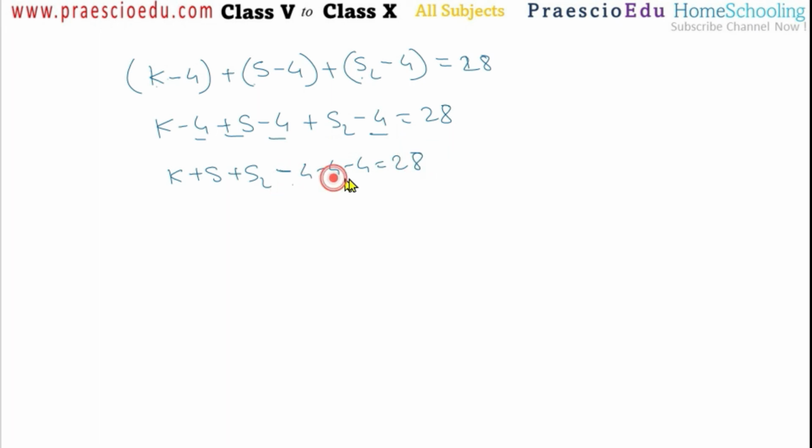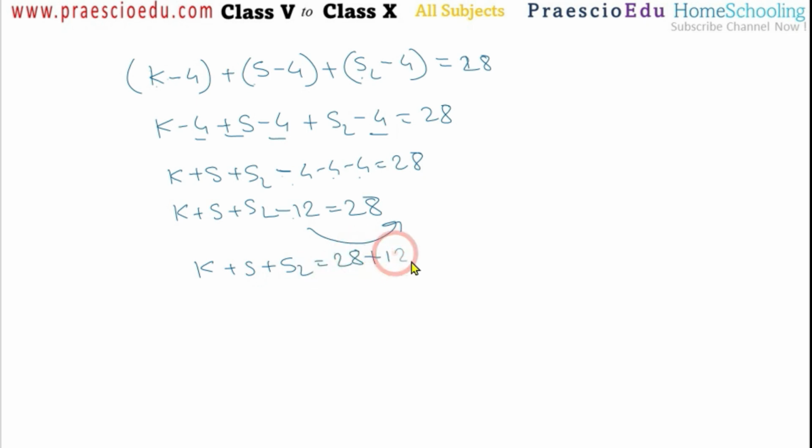Minus 4 minus 4 means their addition, and the sign will be kept as it is, so this will be minus 12, and K plus S plus SL stays the same, and this is 28. Now here 12 is in subtraction, so it will shift to addition on the other side. So K plus S plus SL is equal to 28 plus 12, which is 40.